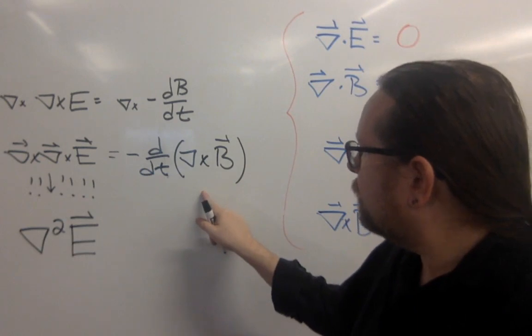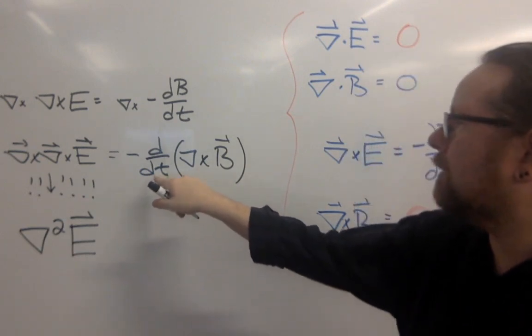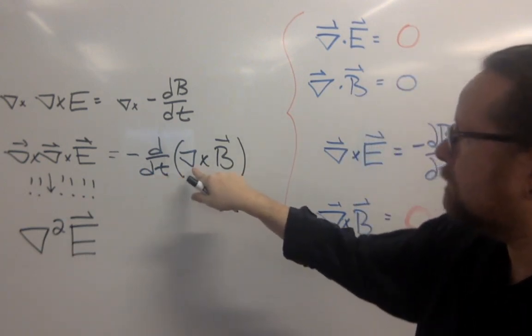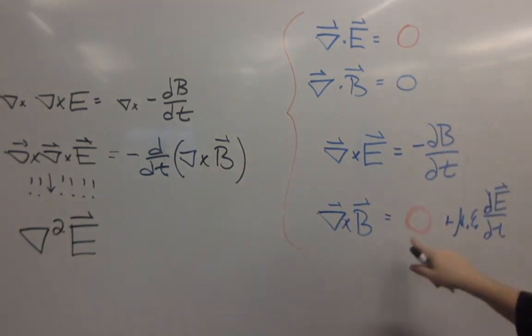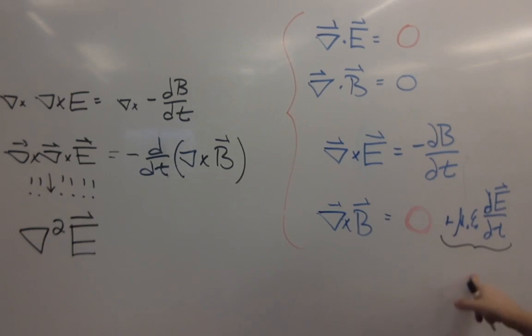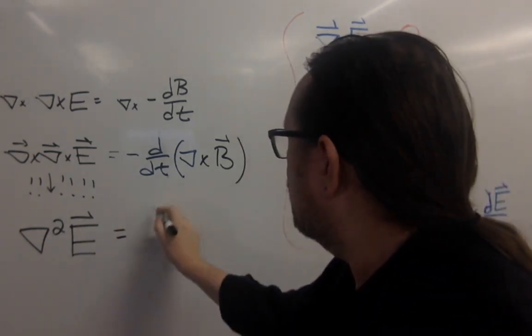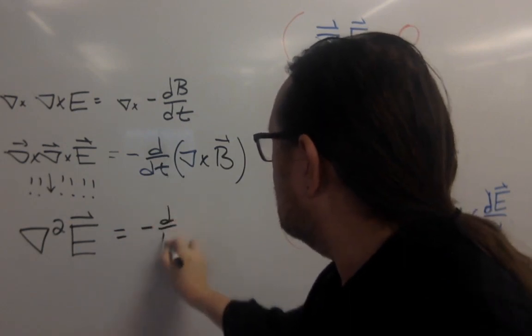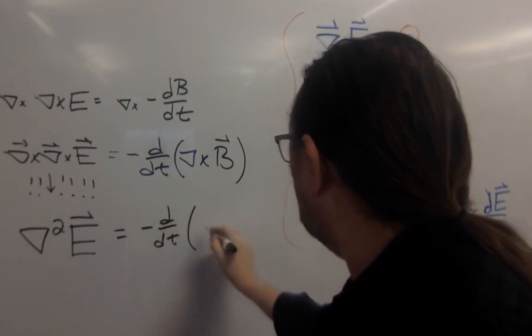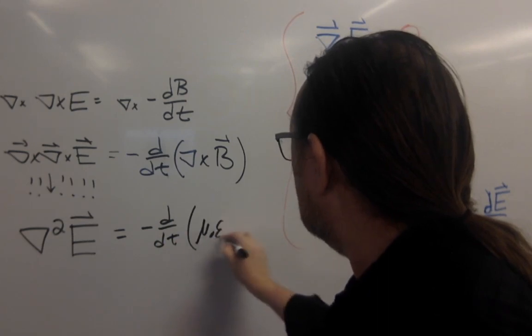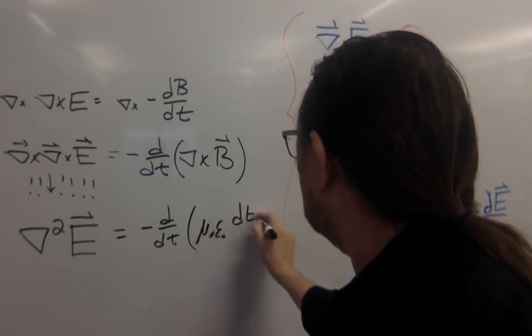On this side, though, we've got the time derivative of the curl of B. But from Maxwell's equation over here, we know that the curl of B is equal to mu 0 epsilon 0 dE dt. So we've got on this side minus d dt of mu 0 epsilon 0 dE dt.